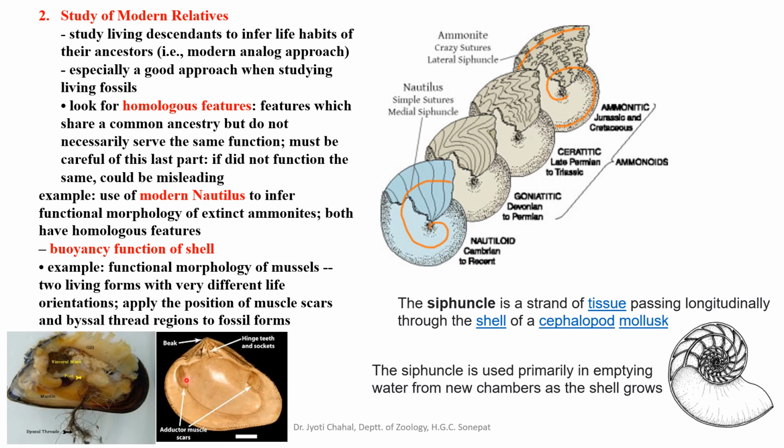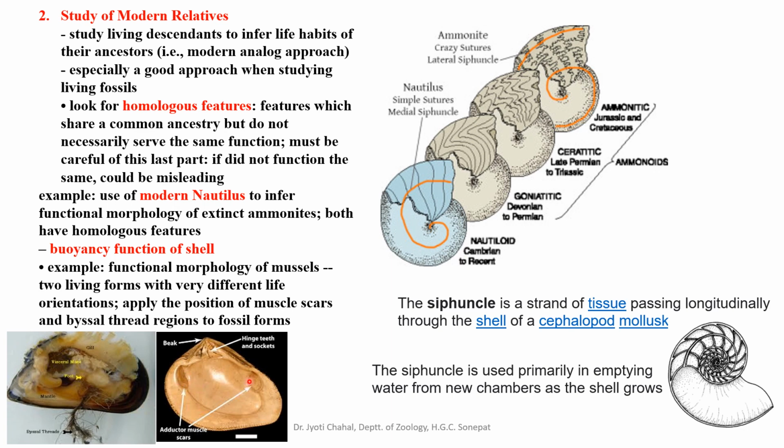Now what are these adductor muscles? Adductor muscles are the muscles which help the bivalve close its two walls together firmly whenever any predator attacks a bivalve during low tide. So the two shells of the bivalve will be closed together firmly with the help of contraction of adductor muscles, and these adductor muscles are attached here.